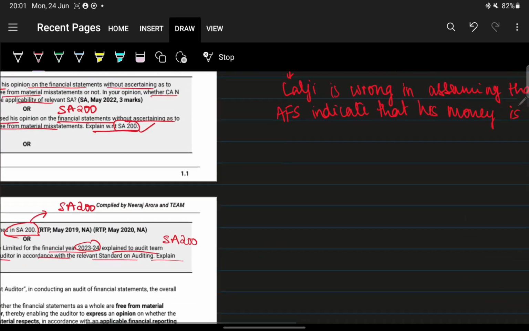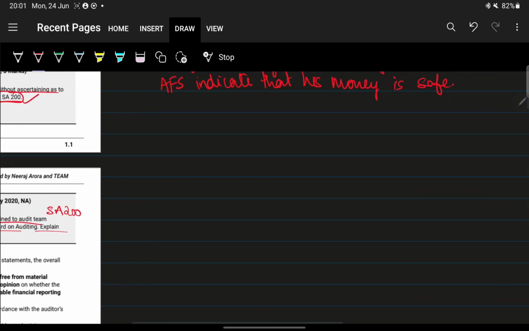Okay, so we'll just start off with the answer. What is SA 200? What is the title of SA 200? This is the third question. SA 200 is the overall objectives, or what is the acronym for this? It is UYAKASA, correct.